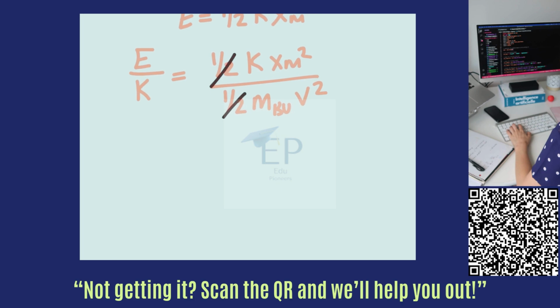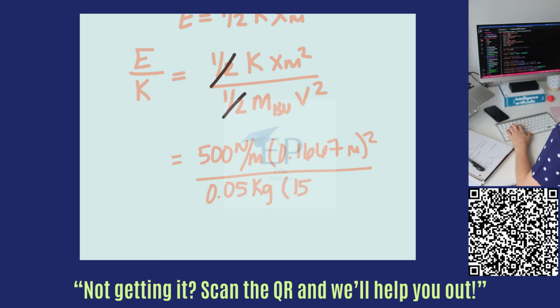And substituting in, we have the value 500 newtons per meter times 0.1667 meters squared, because that was our calculated amplitude, divided by 0.05 kilograms times 150 meters per second squared.